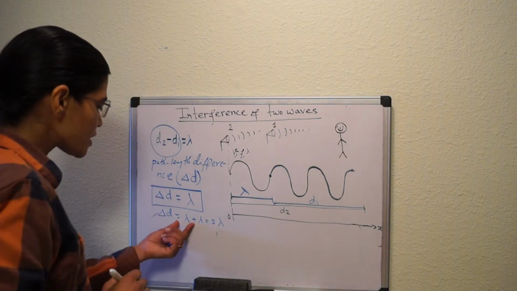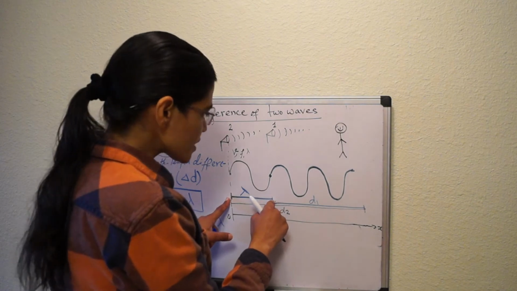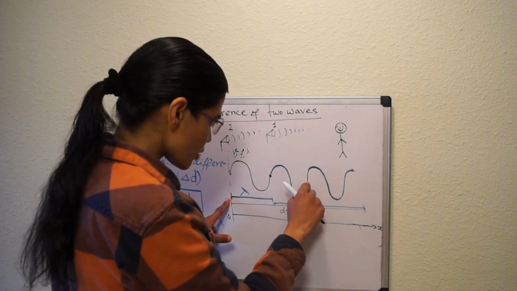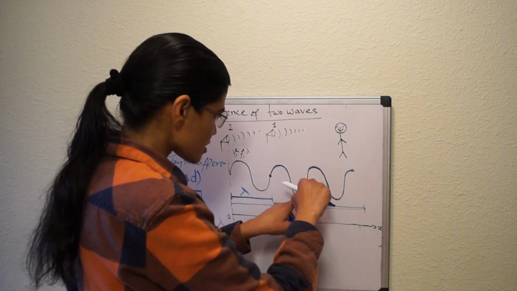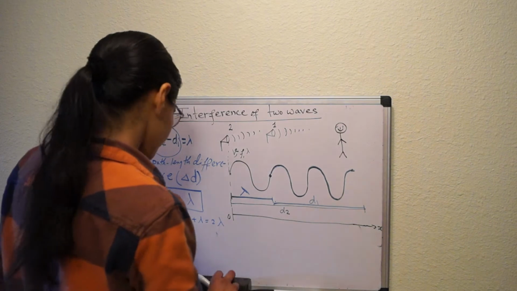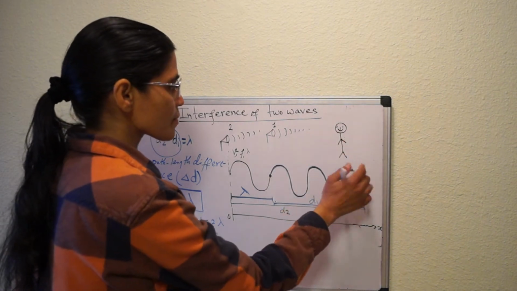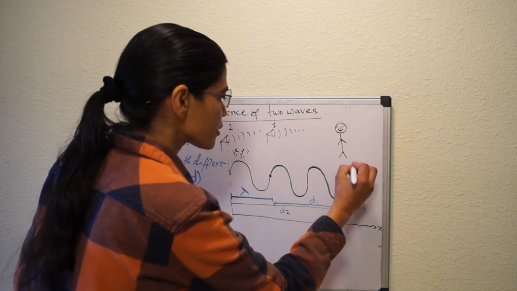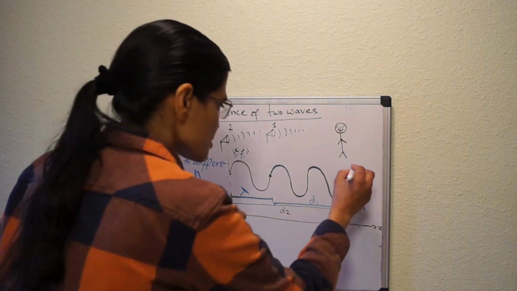So instead of starting from this point here, lambda, we started from 2 lambda somewhere from here. Again, these two waves, then this point is going to sit here and we'll just have the same result, okay? So the result is still the same. This result that happened, whatever you heard, that is due to the constructive interference, okay?